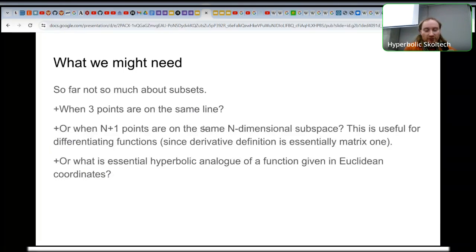The basic question is what to do when several points are on the same plane, the same subset, subspace, or subvariety. This is useful for differentiating functions, and here there will also be some essential hyperbolic analogs of Euclidean functions.